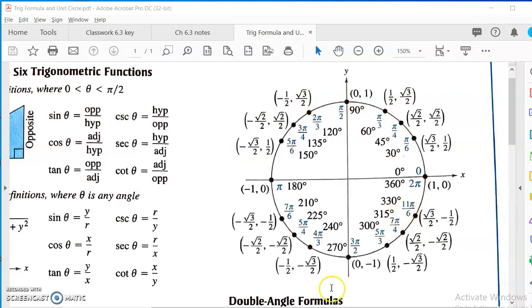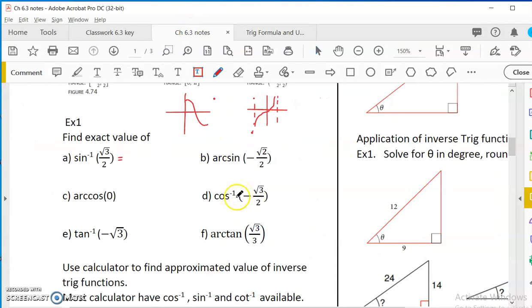Okay, quadrant 4 is named as negative. So in this case, it will be pi over 3. Why? Because from the unit circle, I know sine of pi over 3 is equal to square root 3 over 2. For sine, we only look at the first and the fourth quadrant.